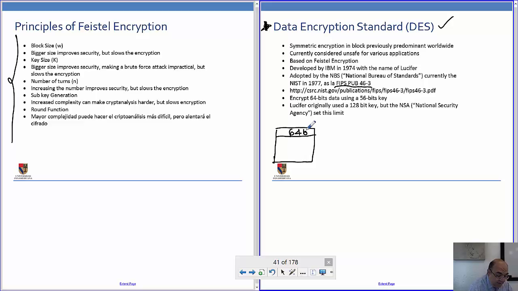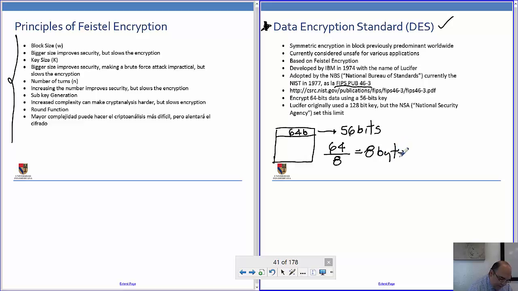But these bits get converted into 56 bits. And this is done, I'm going to show you right now. Imagine 1 byte. How many bytes does 64 bits have? 64 divided by 8, you have 8 bytes, right?